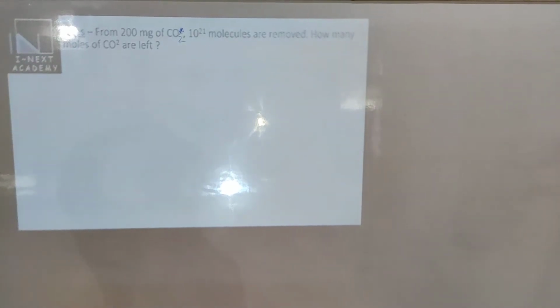From 200 mg of CO2, 10 to the power 21 molecules are removed. How many moles of CO2 are left? So this is your question. I think this is the last question, so we will see the questions before this.